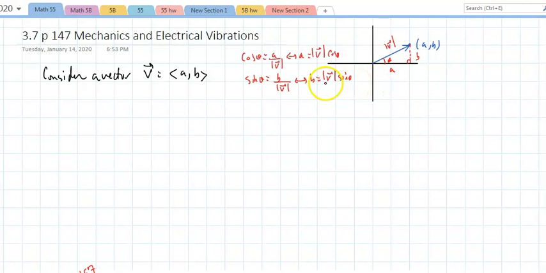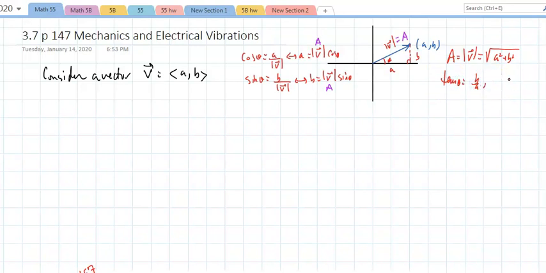So, I'm going to call this magnitude capital A, just because I don't want to keep on dragging the magnitude of V in my derivation. If I continue on the side, given A and B, if I call this A, which is what the book refers to it, that's the magnitude of V, that would be the square root of A squared plus B squared, Pythagorean. And tan of theta is B over A.